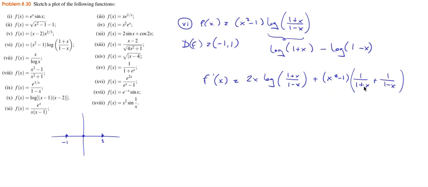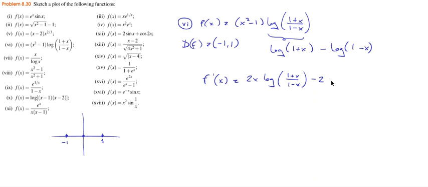You can see that this sum is (1 minus x plus 1 plus x) divided by (1 plus x) times (1 minus x), which is 1 minus x squared, which is negative this. So all of this is equal to minus 2. Let me write it here.